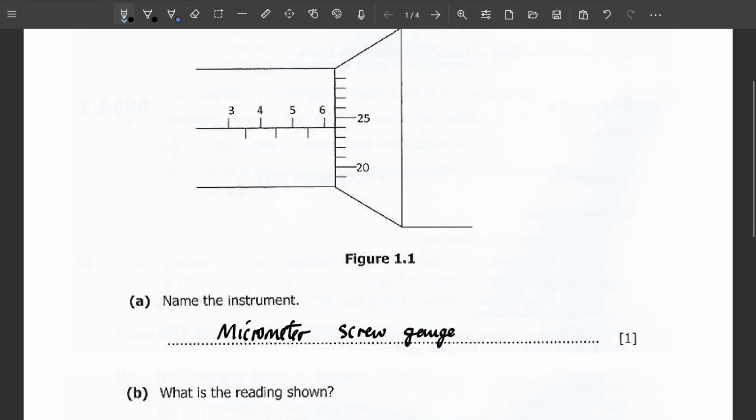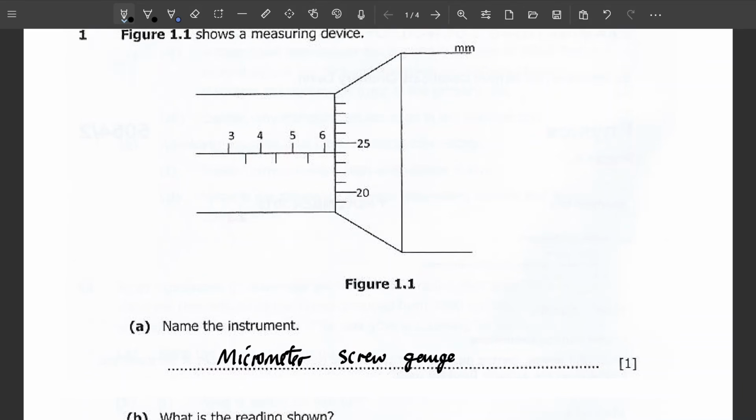Then B says, what is the reading shown? So B is asking you to find the reading. Now, reading should be found using a formula. Reading, which is R, is equal to the main scale reading.